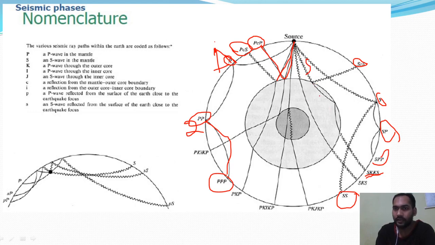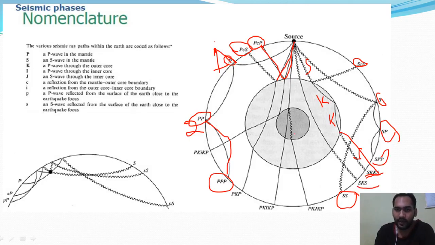I have told you that S cannot travel in the outer core as S. It will be converted to P. So the name is K. Then again it is reflected from the mantle outer core boundary and it is traveling in the outer core, reflected from the boundary and travelled as P. So S, K, K, and again it becomes S. So S, K, K, S, or else if it comes out as a P wave, then it will be S, K, K, P, right?